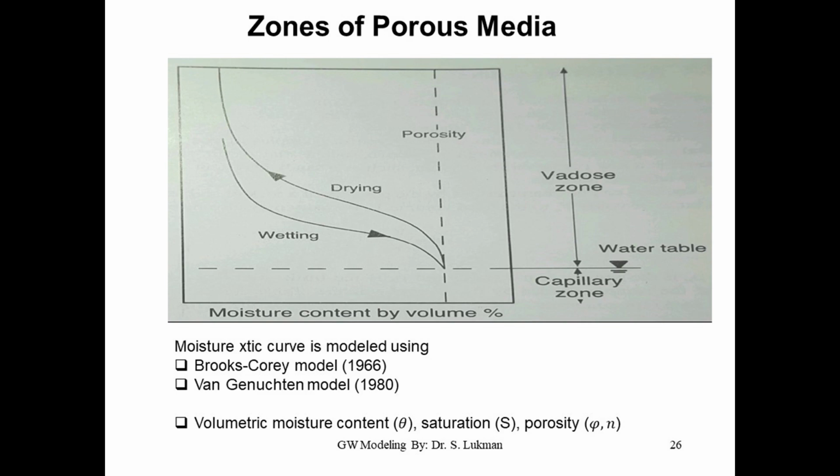You might say we are taking so much time to discuss the unsaturated zone because water must pass through that. It is its pathway before it gets to the saturated zone. Because our main interest here is groundwater modeling, isn't it? So I could have just started with beneath the water table. No. It doesn't just appear.